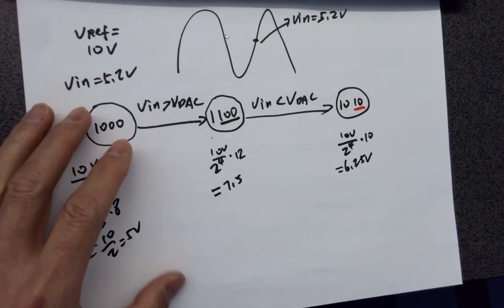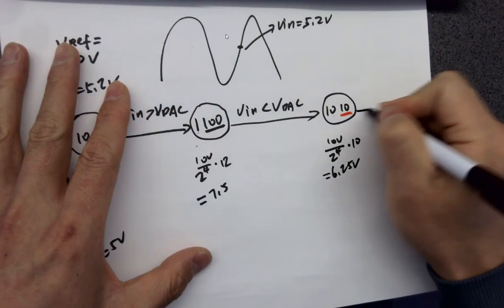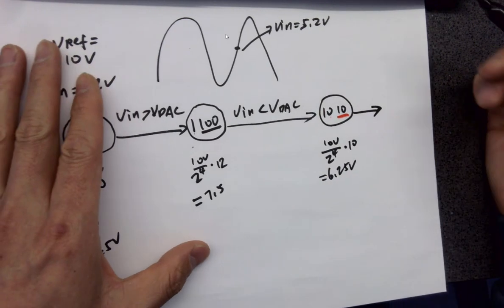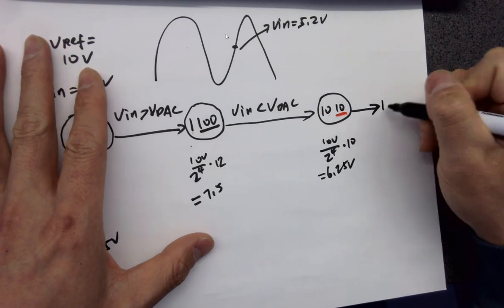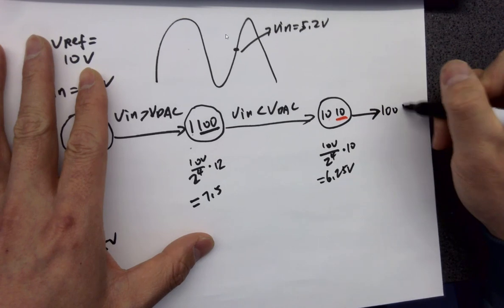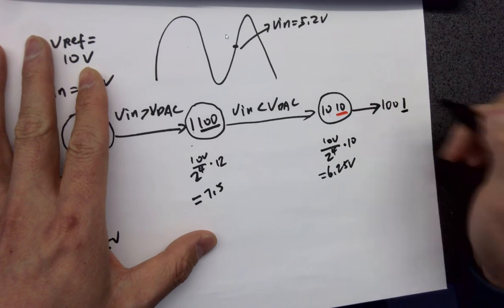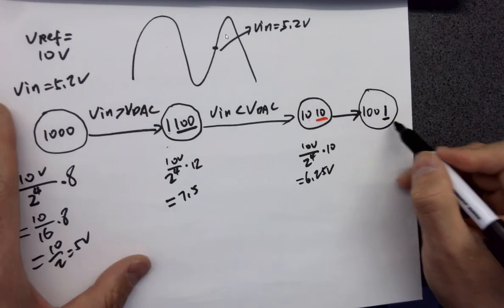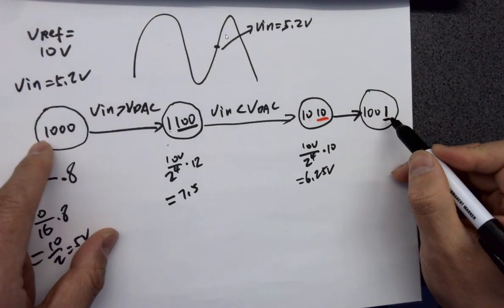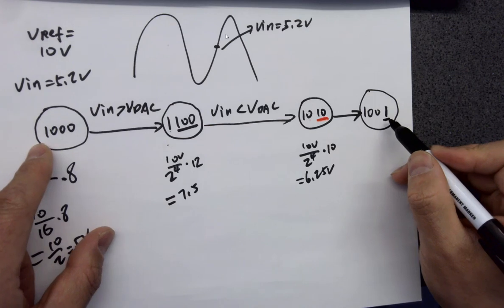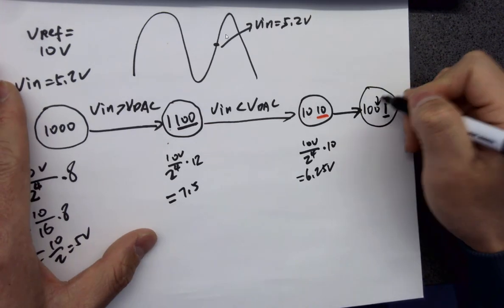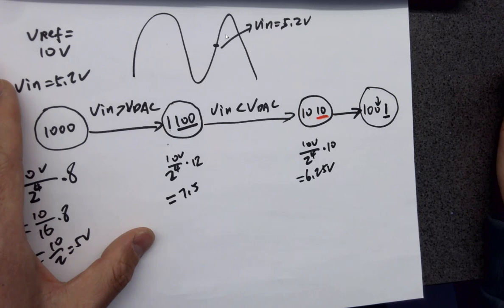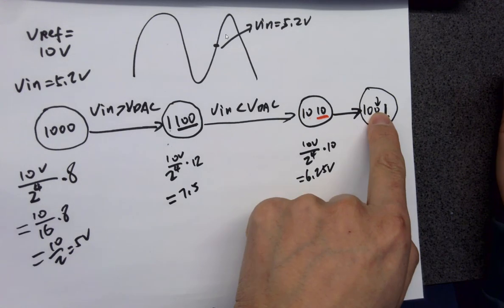So the value here becomes what? 1001. So this is the one that keeps being shifted. It's being shifted. This is the original one here. That's a newly plugged 0.